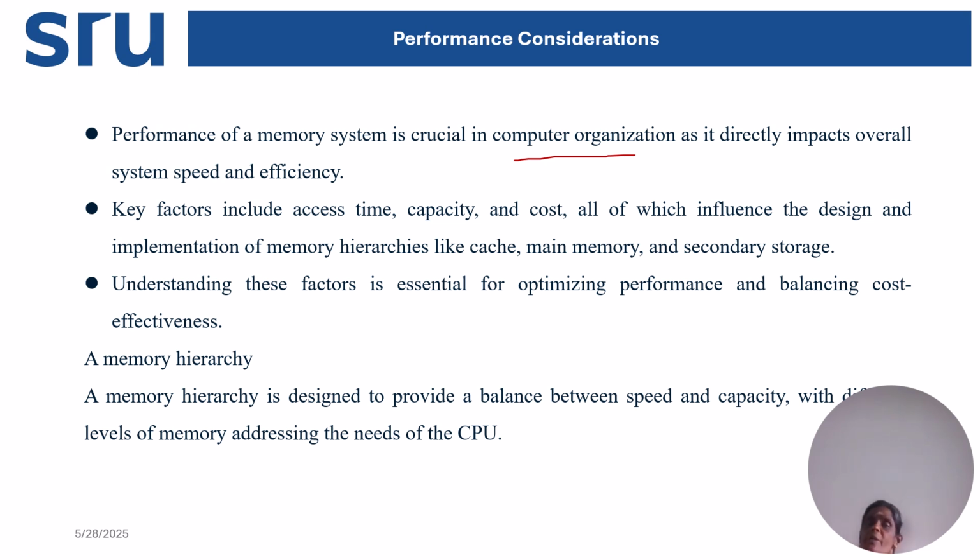In simpler terms, memory performance. The key factors include access time, which means accessing the cache, capacities, data size and cost, all of which influence the design and implementation of memory hierarchies like cache, main memory and secondary storage.